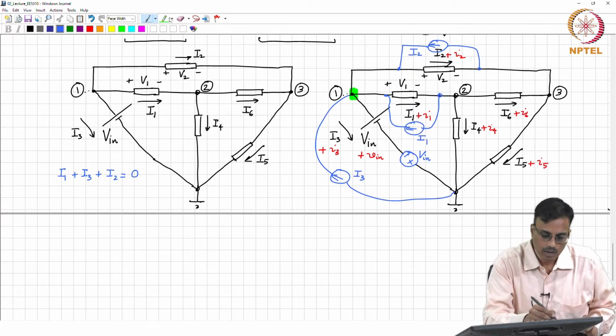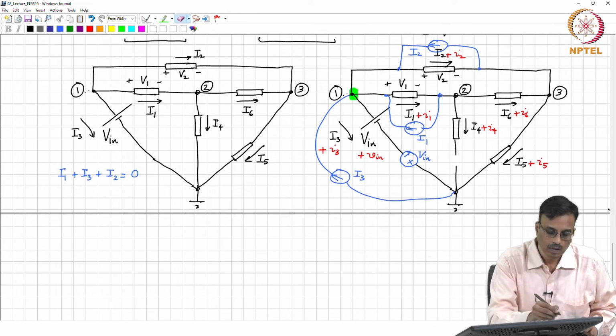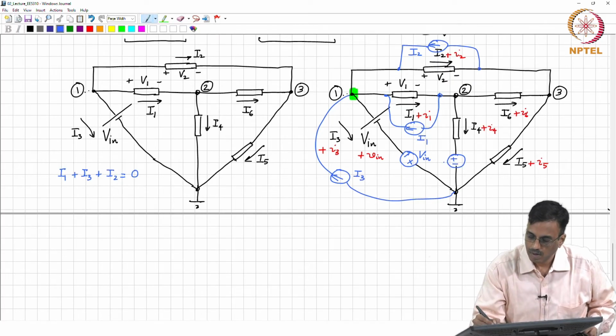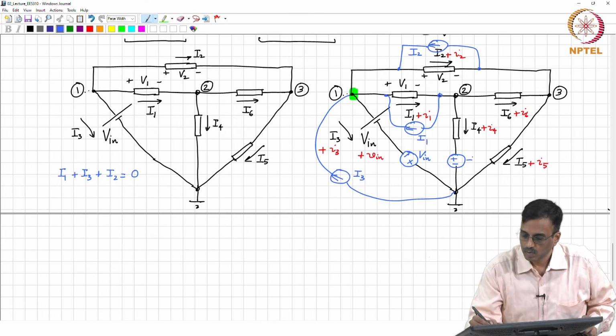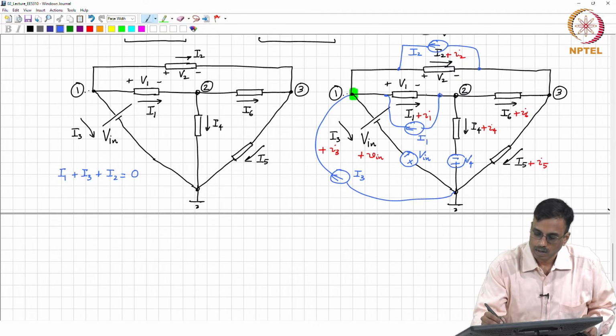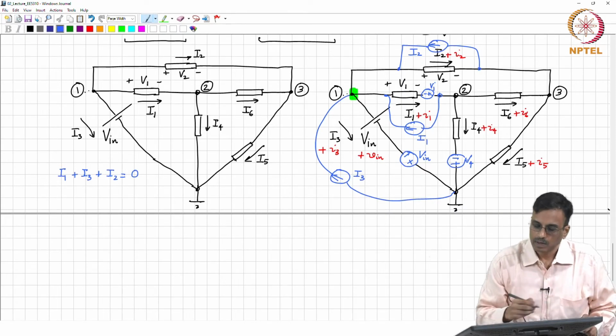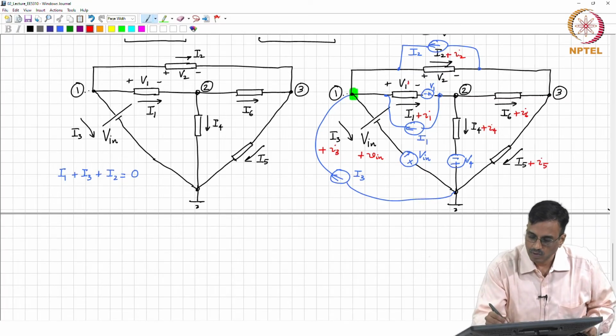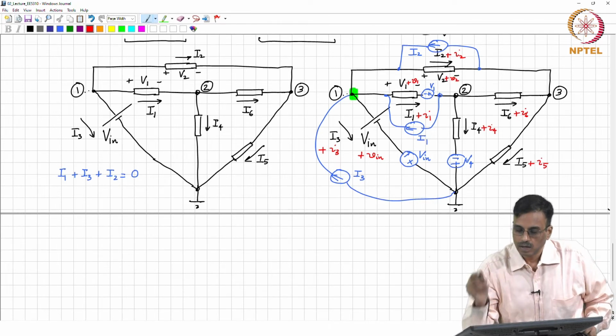This is V4 and capital V. All right. So, the voltage here was V1 plus small v1, this was V2 plus small v2 and so on.